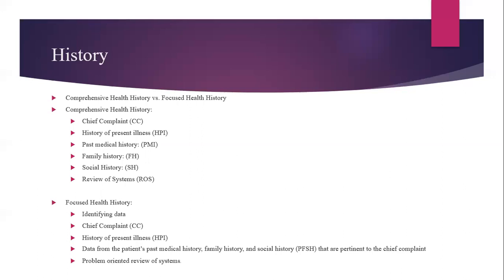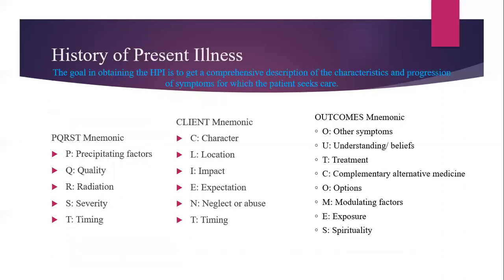Next, talking about the history of present illness, shortly we call it HPI. The goal of obtaining the history of present illness is to get a comprehensive description of the characteristics and progression of the symptom for which the patient is looking for medical care.